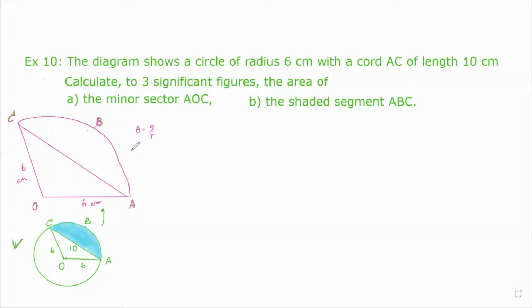Another one, if you want to find the minor sector AOC, that means they want you to find the area, correct? And we don't know this arc length AC, or CA arc length, ABC. We don't know the length, so we cannot use it.